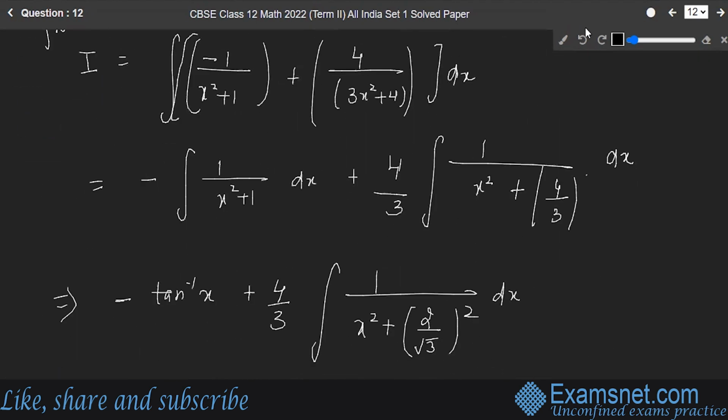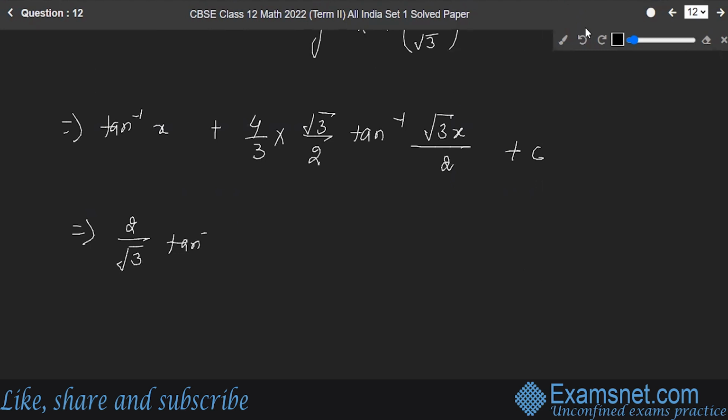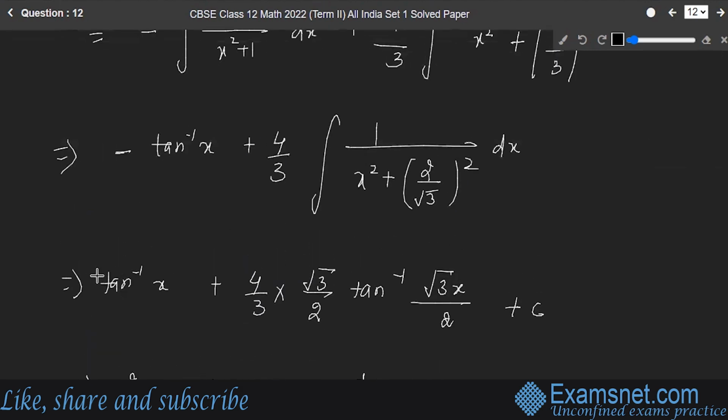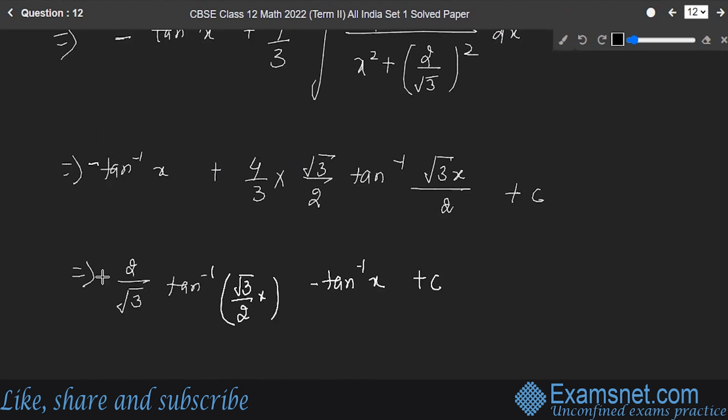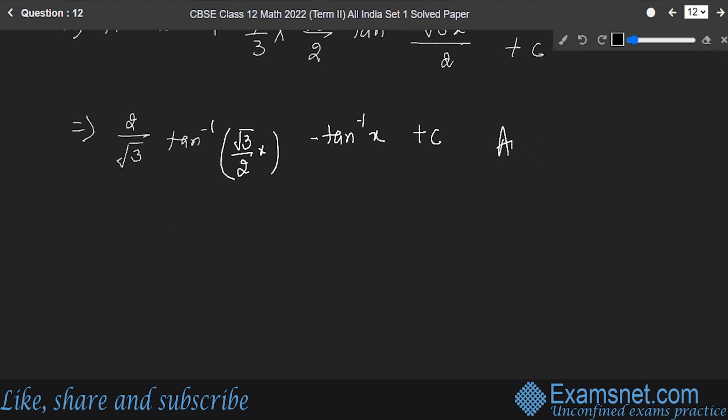So this is 2 root 3 tangent inverse root 3 upon 2x minus tangent inverse of x plus c. Okay, there was the minus sign over here. So this is the answer to the first part, or you can say the first question, which is another option for this question. Hope you have got that.